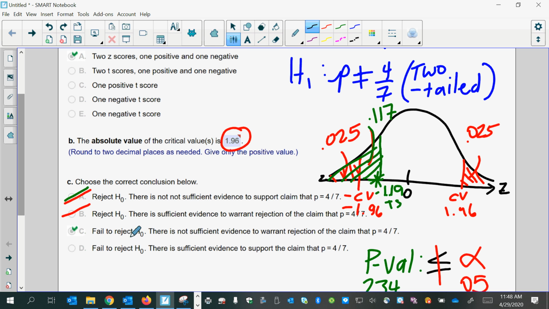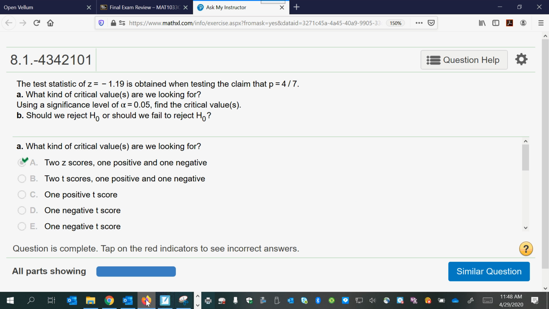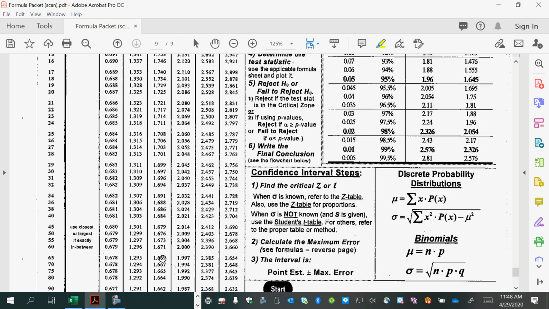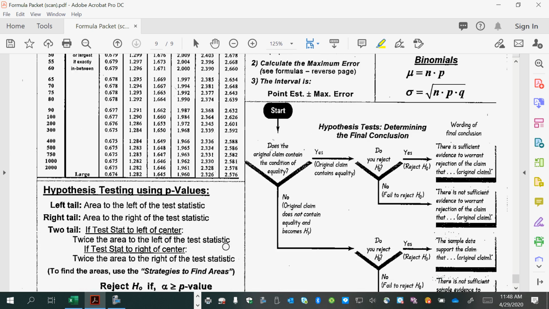Now, even if you didn't reason that out on your own, you could use the flowchart in the formula packet, on the back side of your formulas, all the way to the bottom right corner. First, we determine if the original claim contained the condition of equality.